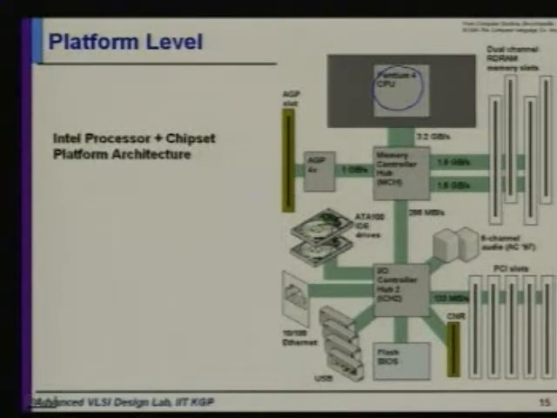So when you connect a USB device, it is actually going to go through the I/O controller hub through this high performance bus and then actually to the CPU, right. So it's not directly hooked up here. And then you have the Ethernet here, you have the disk drives here, the CD drives here, and you have the audio channels. Okay, so all these sit on the I/O controller hub. Okay, so this is the complete platform level.